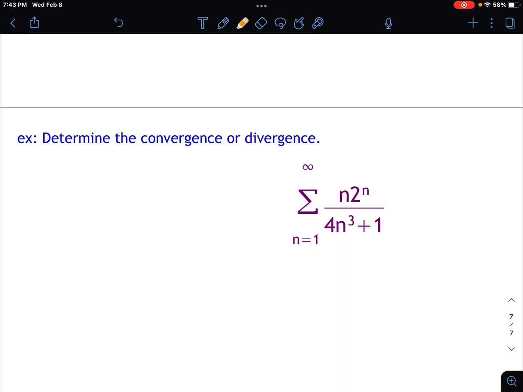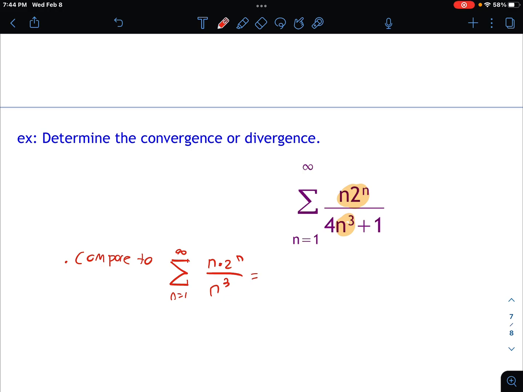If you look at it, the overpowering factors that are here, we have n times 2 to the power of n, and we have n cubed. So I'm going to try to compare this to the sum from n equals 1 to infinity of n times 2 to the n all over n cubed.